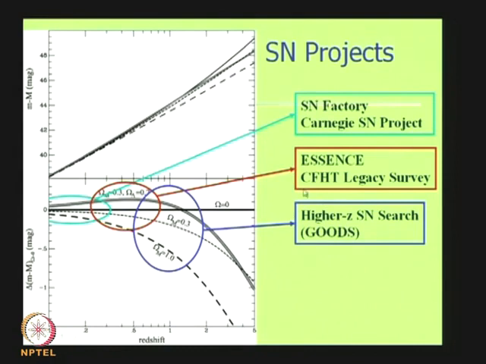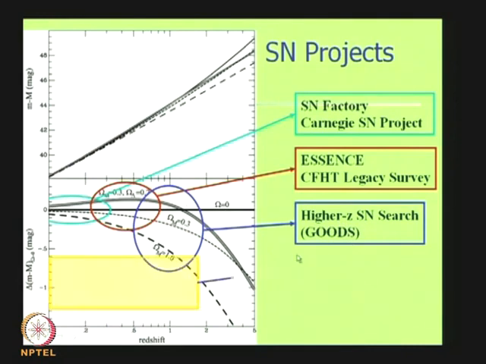Then there is another project called Essence, which is using the Canada-France-Hawaii Telescope Legacy Survey, and this is targeting a redshift range over here. And then there is the high redshift search using the GOODS survey, which is targeting this redshift range.